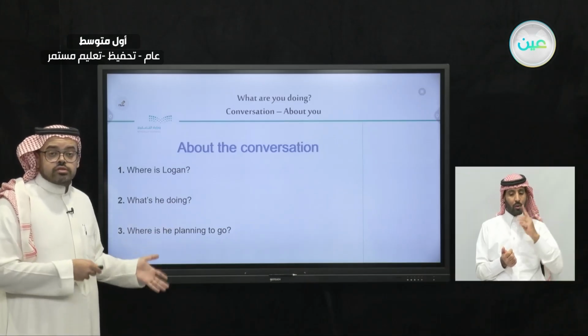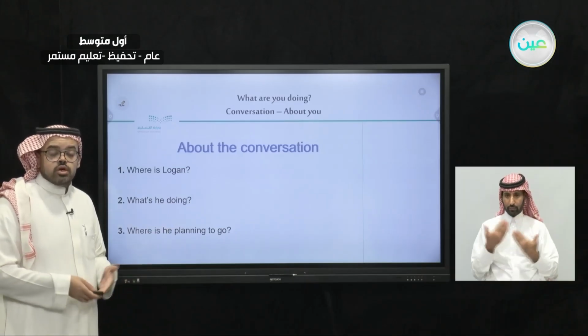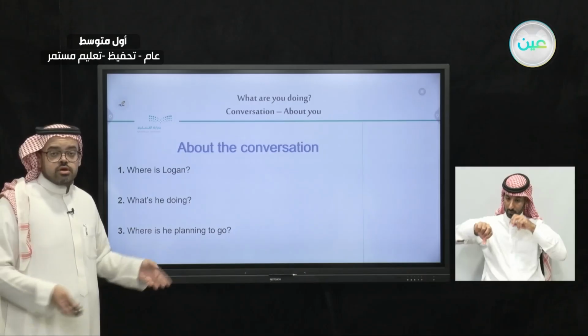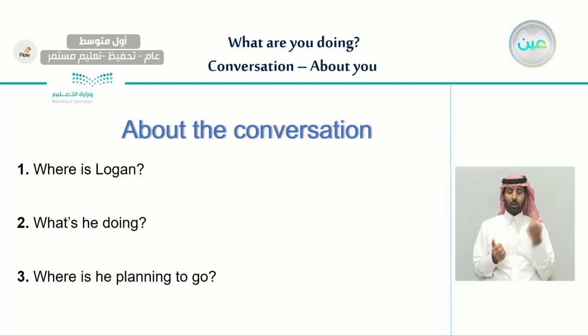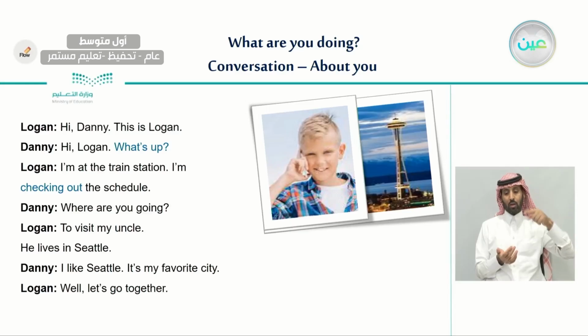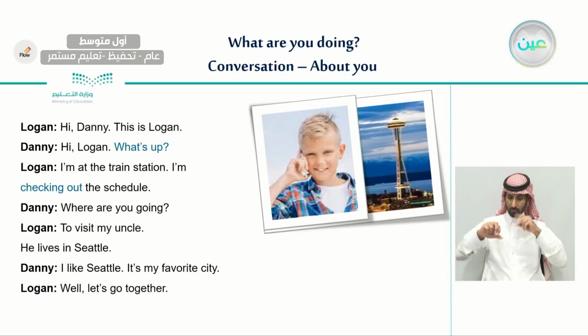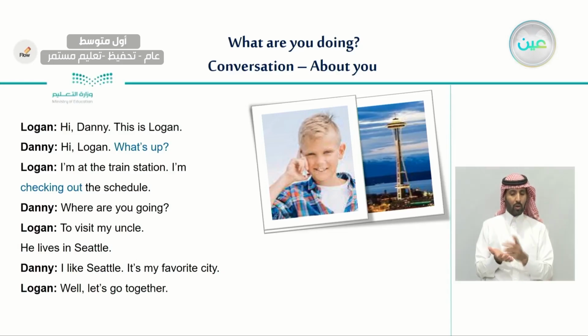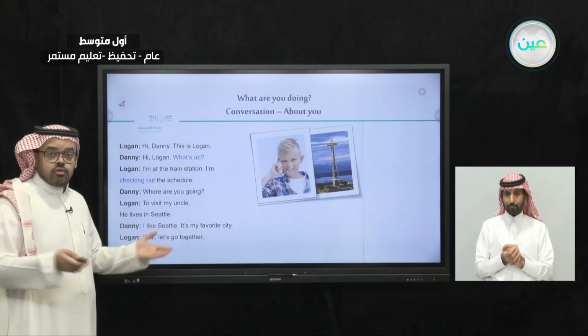So now let's go back to the conversation to try to find an answer for question number one, which is, where is Logan? From this conversation, let's see what Logan said about where he is. Very good.